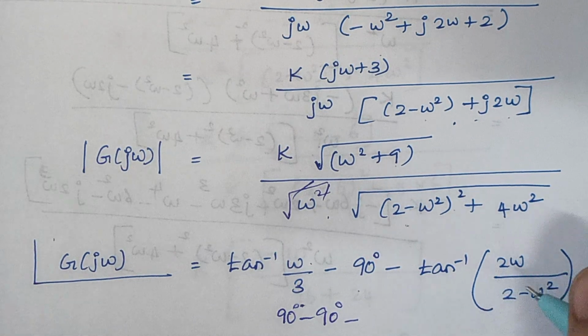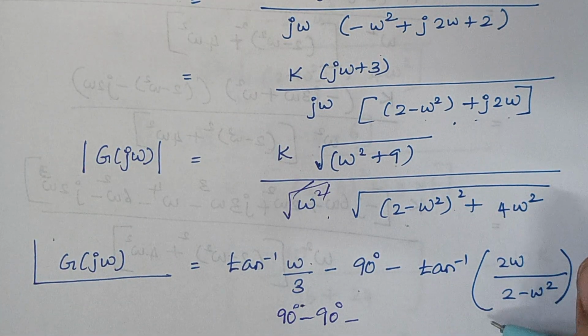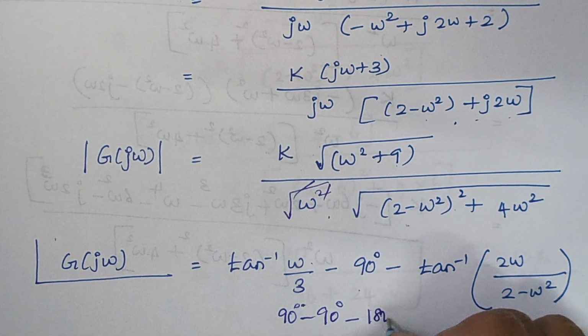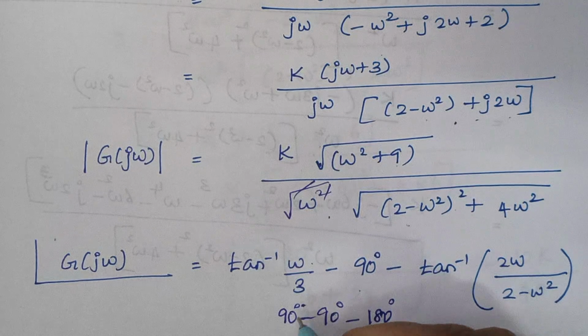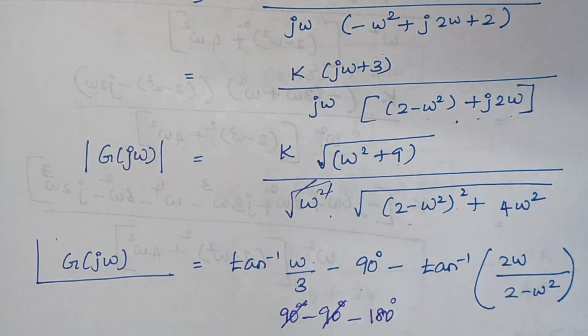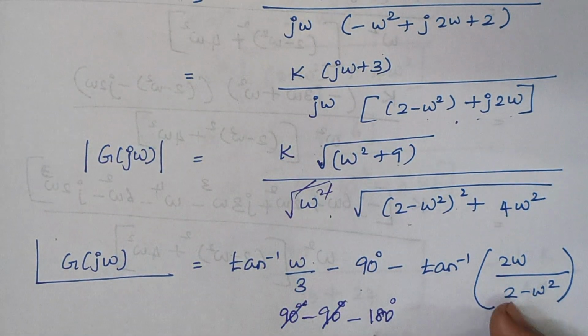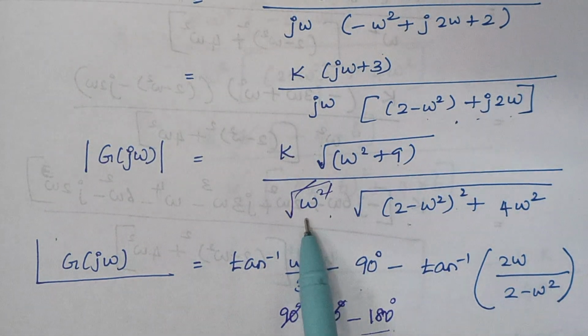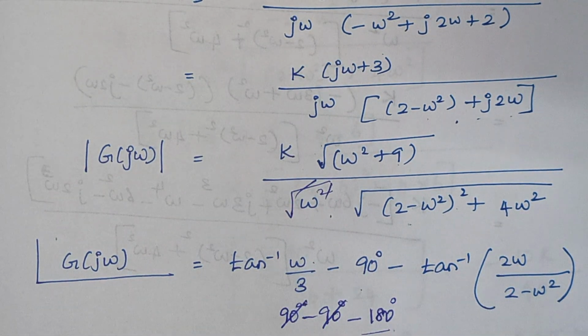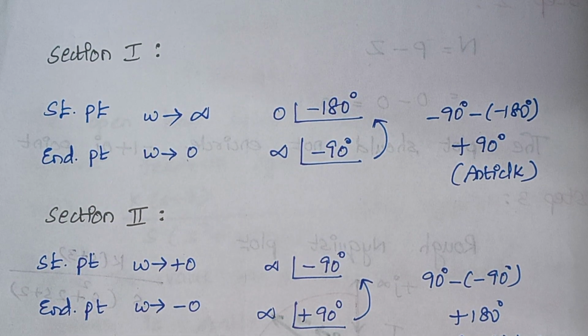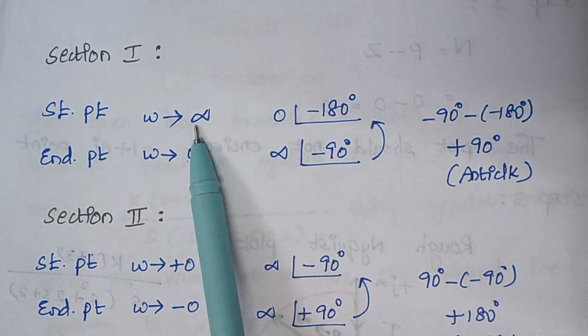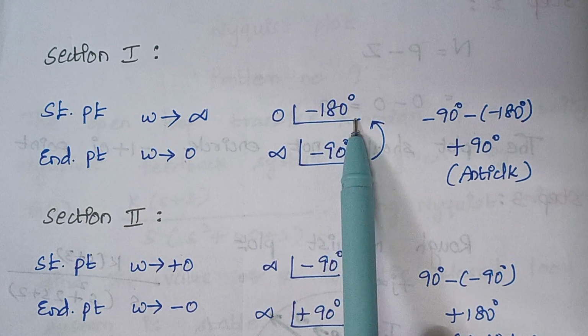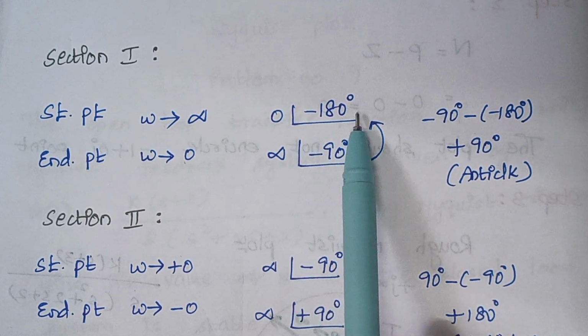And here tan inverse of 2 omega by 2 minus omega square. Anyhow I am having an omega square, so this contributes an angle of 180 degrees. So this plus 90 minus 90 cancels each other and finally the angle is minus 180 degrees. So omega is infinity, magnitude is 0 and the phase angle is minus 180 degrees.